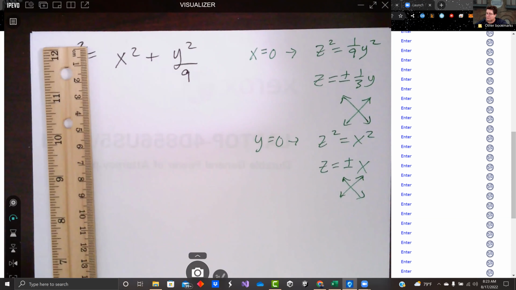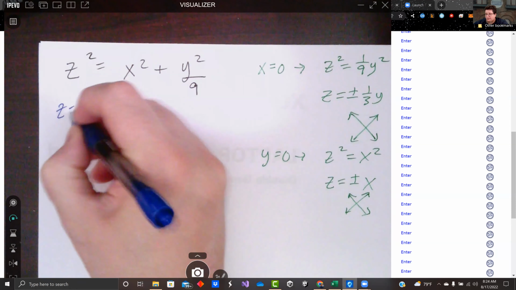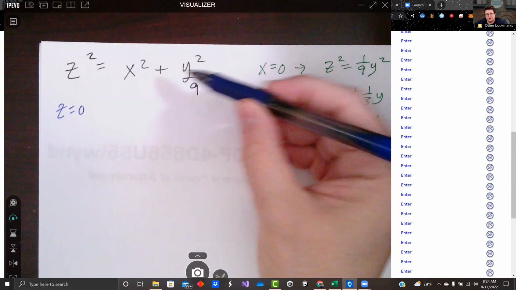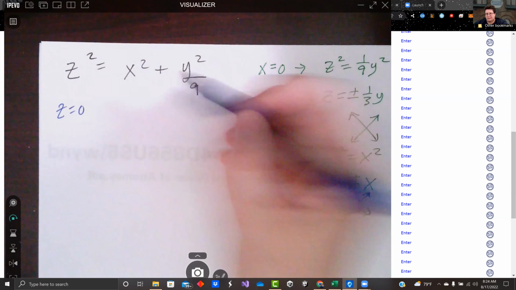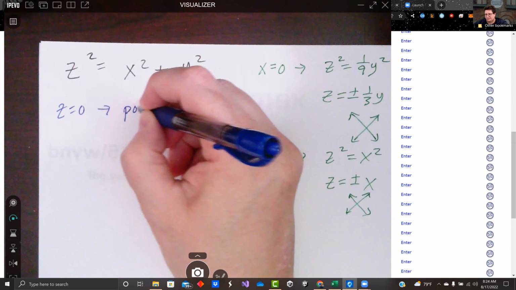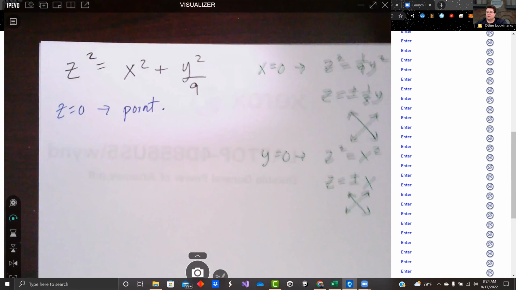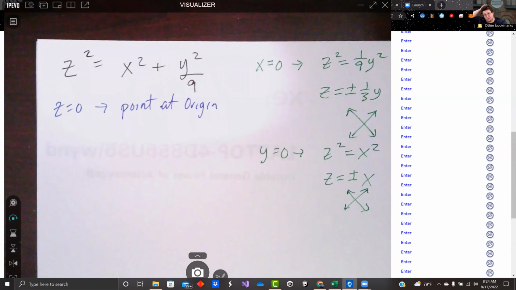So let's see what happens when we zero out z. Well, just pretend it's zeroed out. If z equals 0, I've got two squared things adding up to 0. They both have to be 0. You'll get used to that being a thing. It's a point at the origin. So maybe looking at z equals 0 isn't helpful.